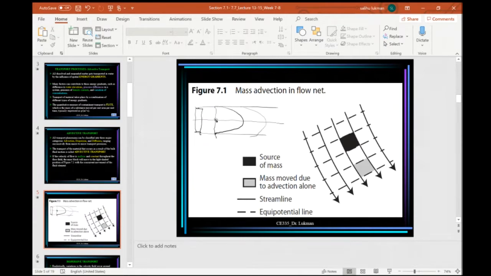It will be dispersed because of the velocity variation. But if we assume the velocity to be uniform, if this is a source of contamination and the velocity is the same throughout, then after some time t, the contaminant will move together, just like a plug. But like I said, this is more like an idealized case.